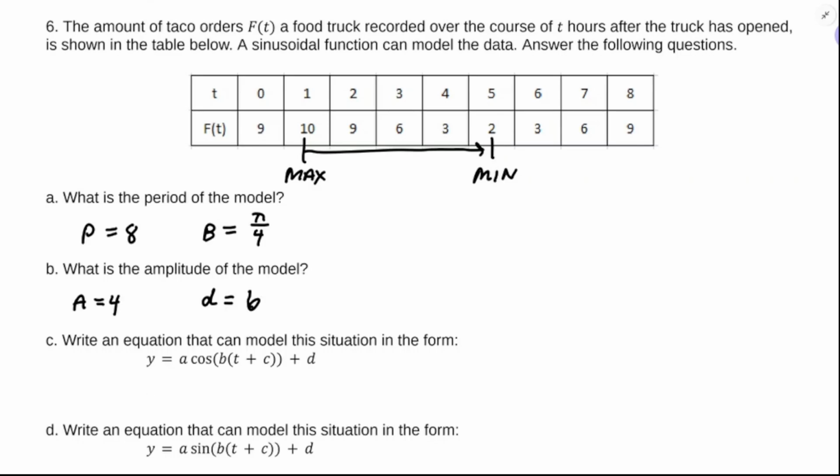And so y equals a cosine of b times t minus... okay, for cosine we're looking to start at a maximum, so that'll be t minus 1 plus the midline, which was going to be 6.